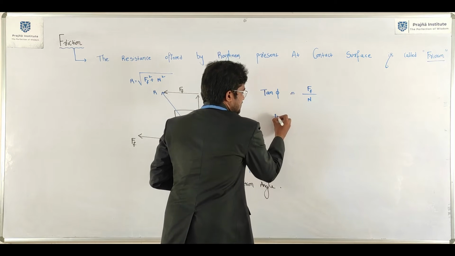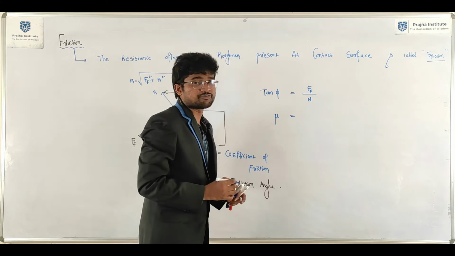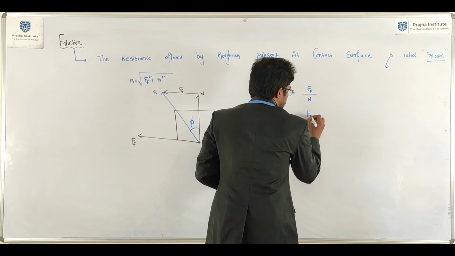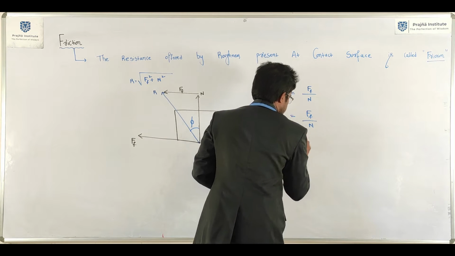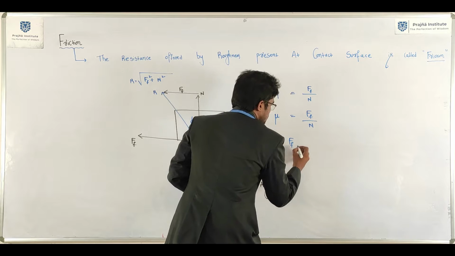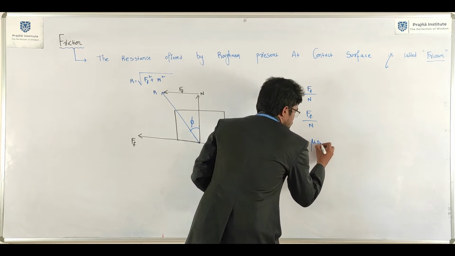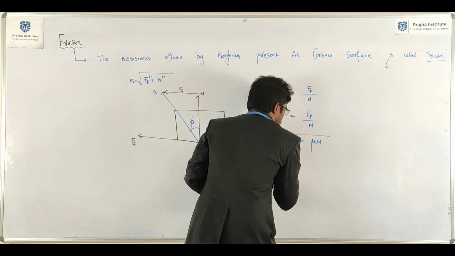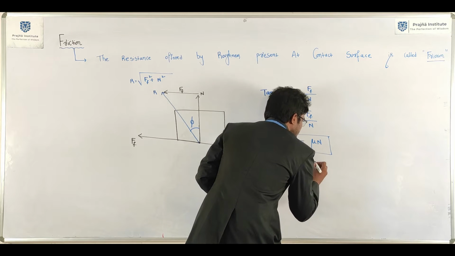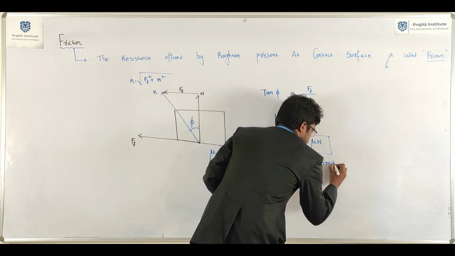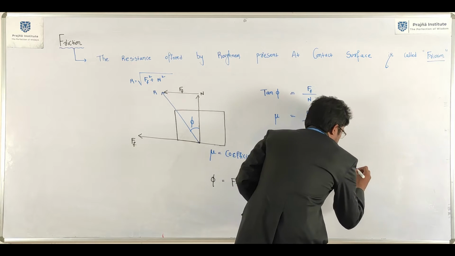Tan phi is nothing but the coefficient of friction, frictional force by N. Finally, frictional force equals mu N. You can call this the limiting friction.